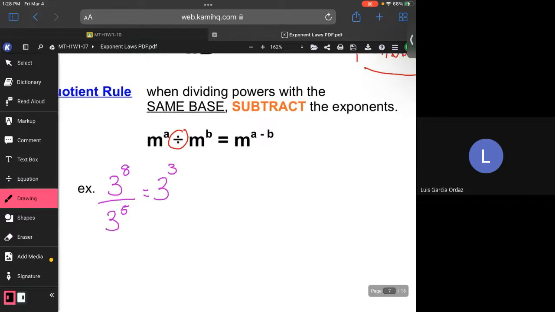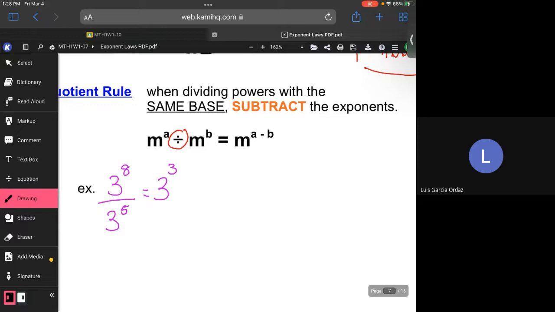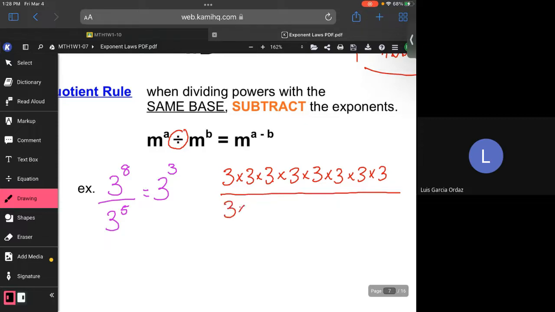So for those of you who are asking why, so 3 to the power of 8 is written as 3 times 3, 8 times. I hope that's 1, 2, 3, 4, 5. Good. And 3 to the power of 5 is written 5 times. 3 times 3 times 3 times 3 times 3.